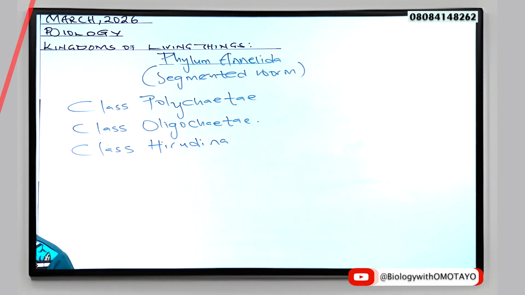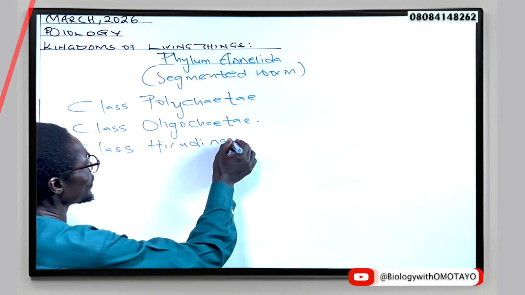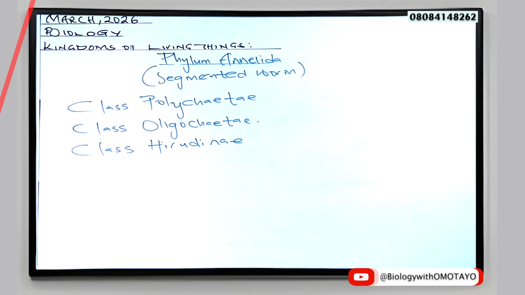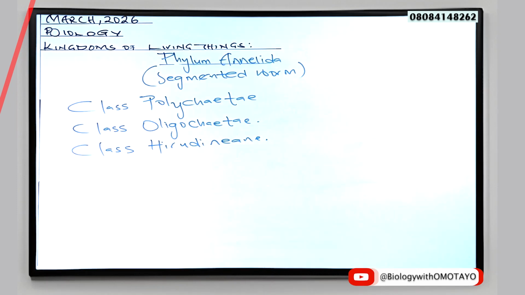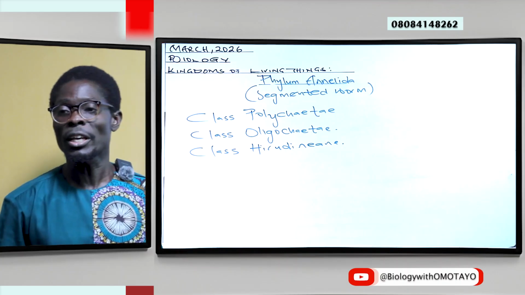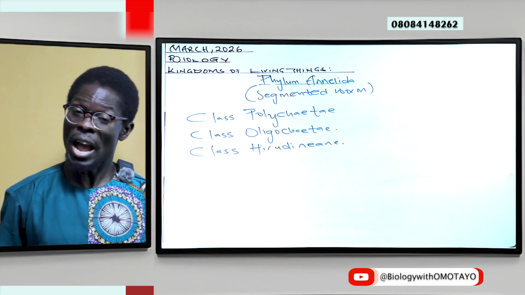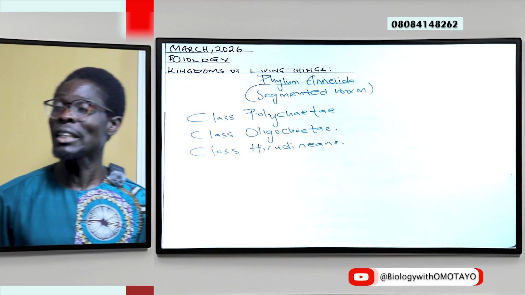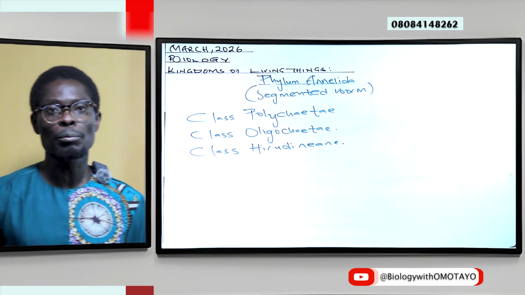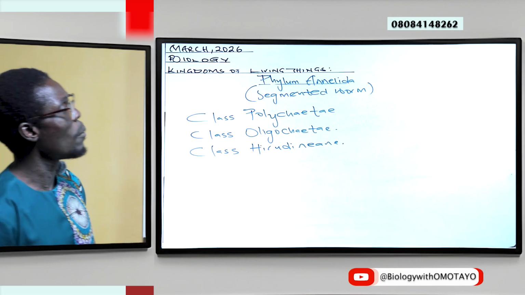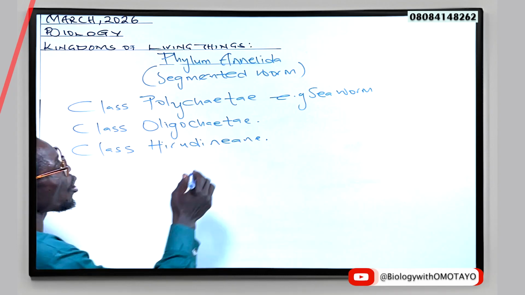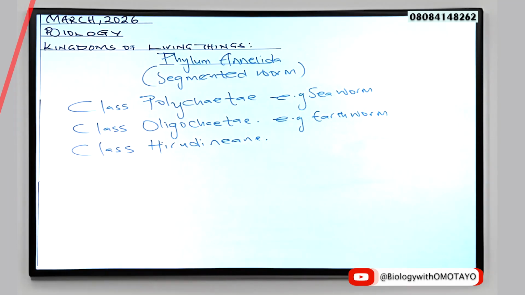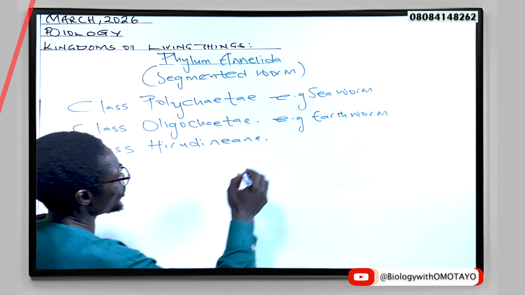Okay, it has an E, Hirudinae. For each of these classes, we have prominent examples. Like for the class Polychaetae, the prominent example there is the Seaworm. For Oligochaetae, the prominent example there is the Earthworm. And then for the class Hirudinae, the prominent example there is the Leech.